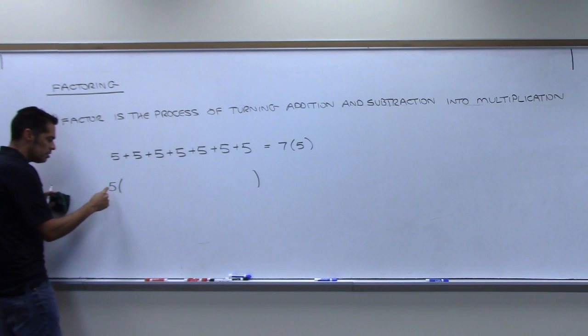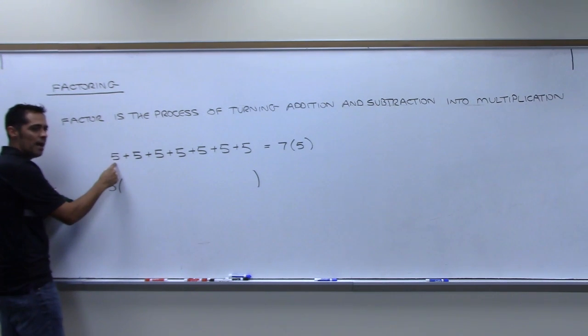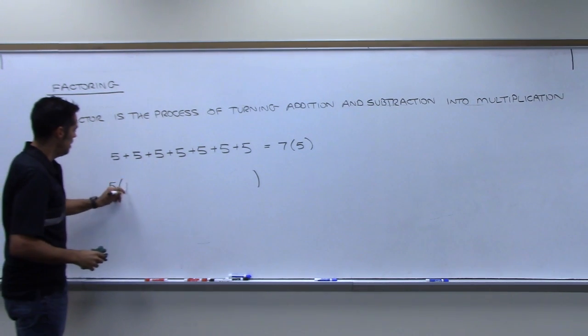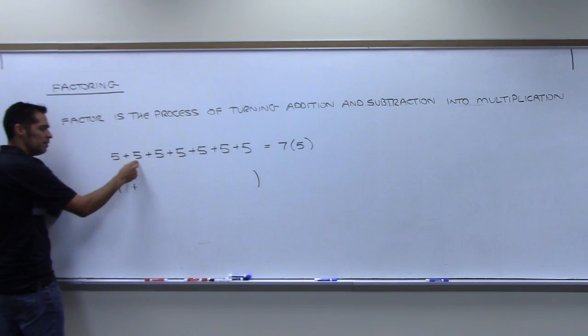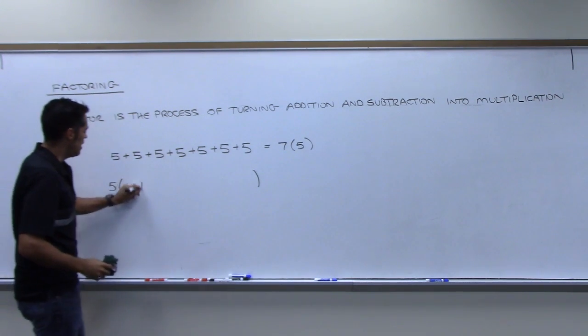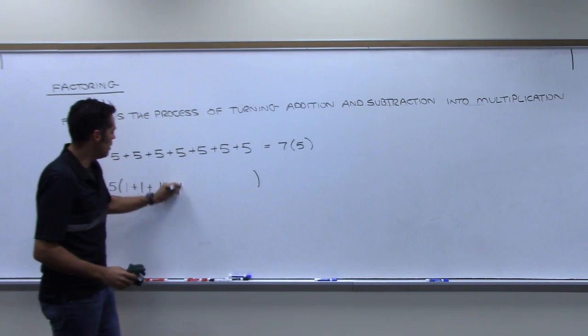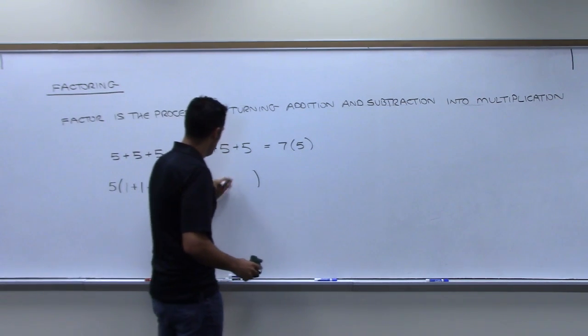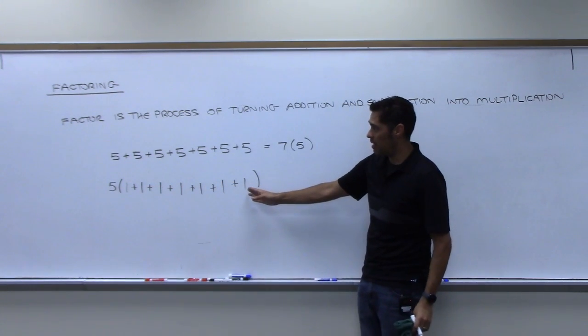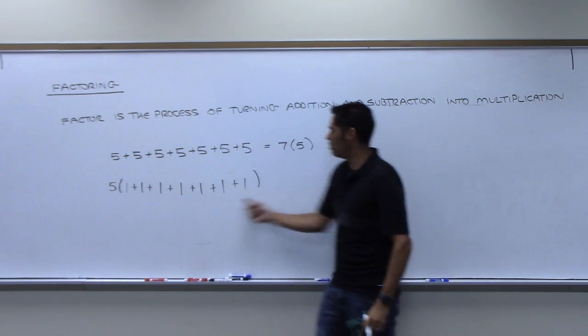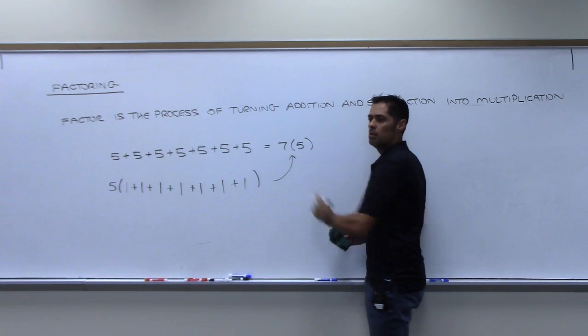What would I have to multiply 5 by to get this 5 back? 1. And then I'd put a plus because there's a plus there. What would I have to multiply 5 by to get this 5 back? 1. And I would do that for every single one of those, right? And what's 1 plus 1 plus 1 plus 1, 7 times? 7. That's just 7. And so you'd get back to this, wouldn't you?